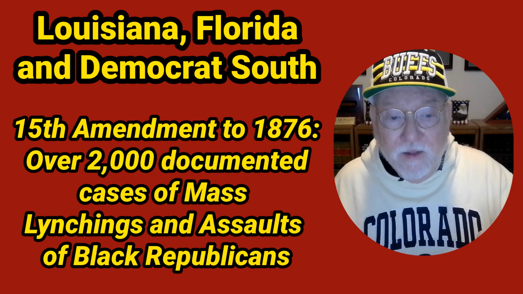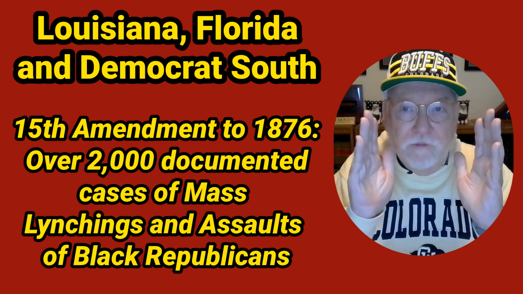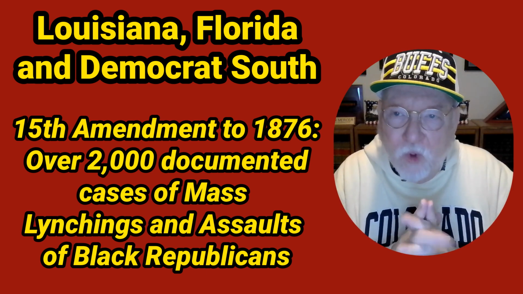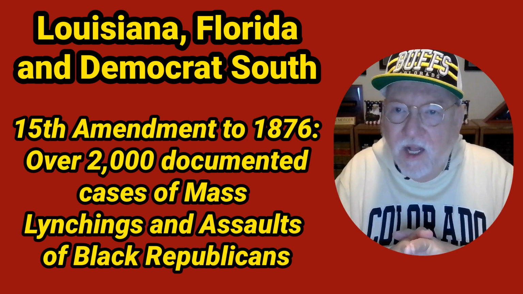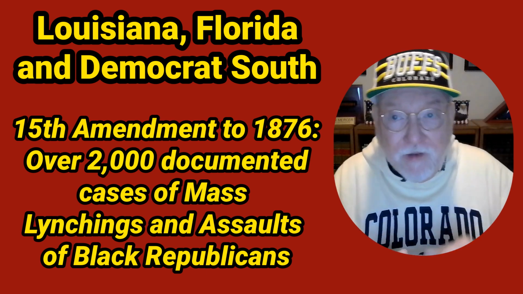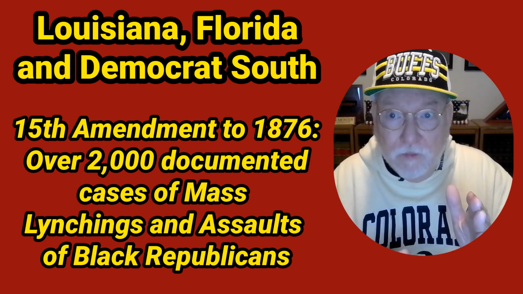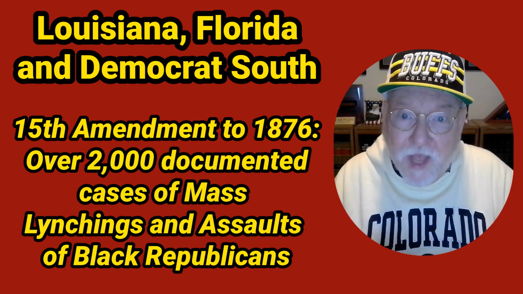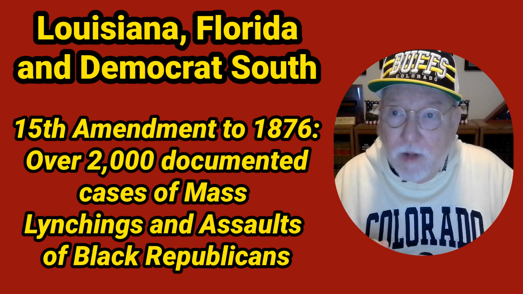In fact, up to the election of 1876, just that short time period when they won the right to vote, those few years into 1876, up to that election, there were over 2,000 documented mass lynchings, assaults of black Republicans. Again, in that short time period when they finally had the right to vote, and not just African-American males, women didn't have the right to vote then, there were over 2,000 documented mass lynchings and assaults of black Republicans.